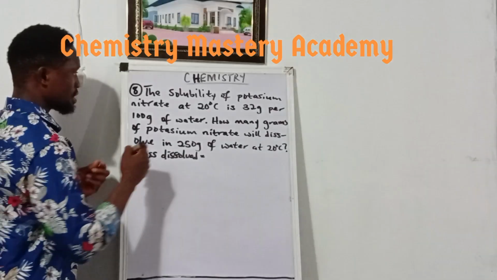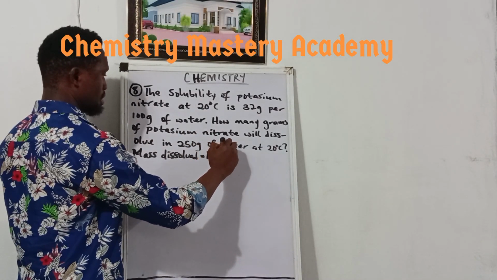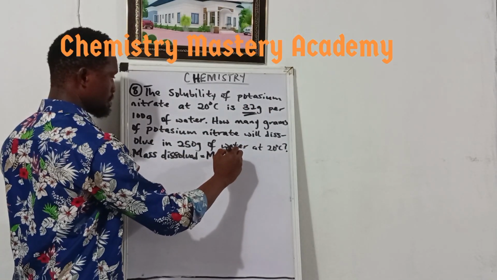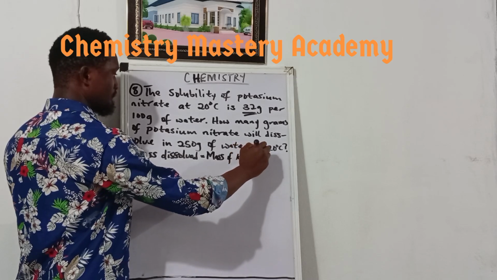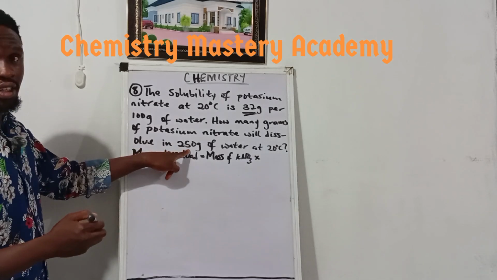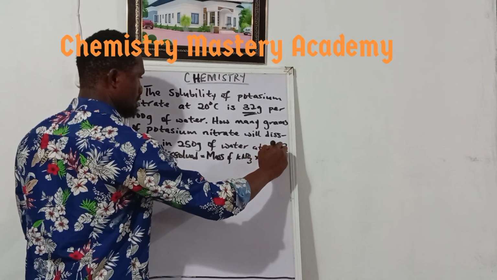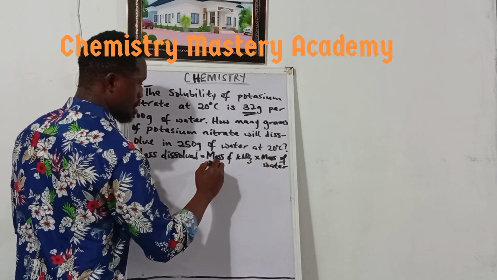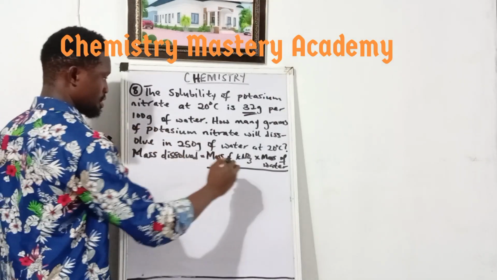You say the mass that they gave to us, 32 grams, mass of KNO3, times the mass of the water, 250 grams, all over 100 grams.